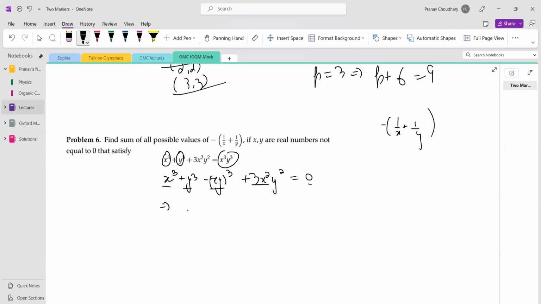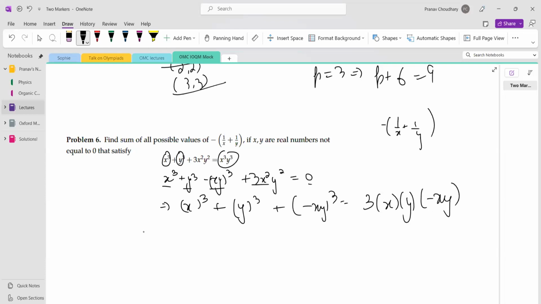So I can write this as a cube, where a is x, b cube plus c cube equals to 3abc. And now we all know the factorization of this thing, a cube plus b cube plus c cube minus 3abc, right?